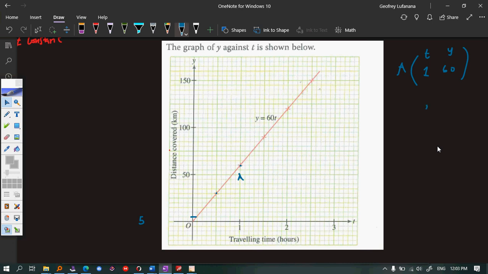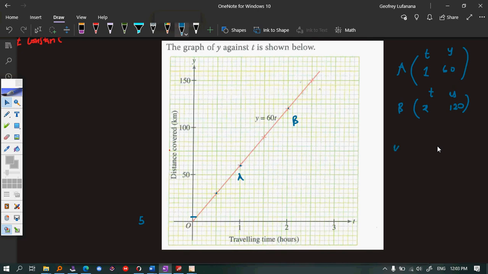When t is 2, I have a y value of 100, 110, 120. My y value is 120. Let me call this point B. And let me get another point C. Now, let me use these two, because that's where my graph ends.